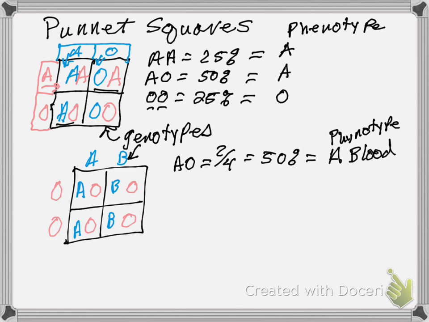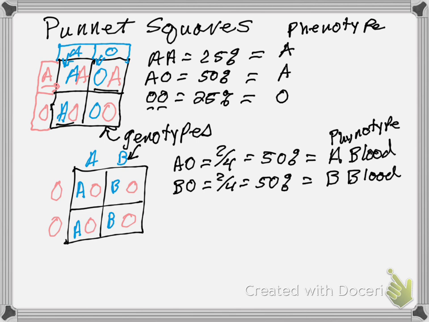So then you've got the other option here, which is BO, which is also 2 out of 4, and also 50%, which means what kind of blood do they have? That's right, they have B blood. And the reason they would have B blood is because the B is dominant, the O is recessive, it hides.